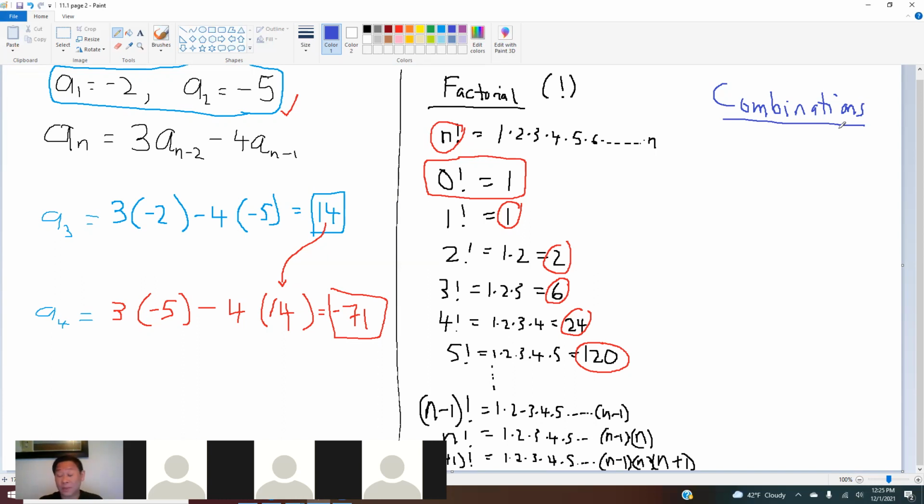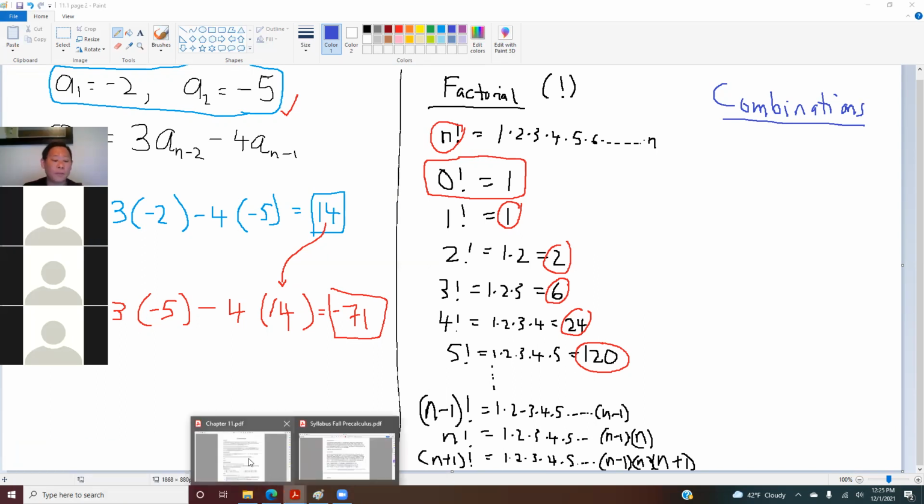For example, let's say you've got 6 chairs and 3 people are going to sit on these 6 chairs. How many ways can these 3 people sit on these 6 chairs? This is what we call combinations.